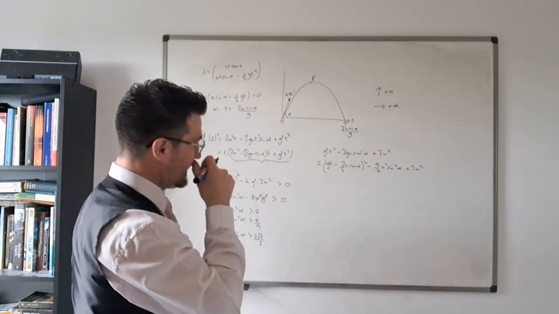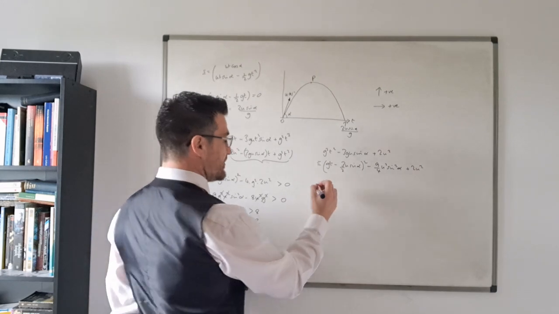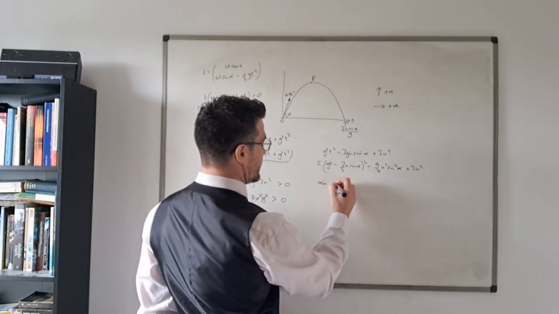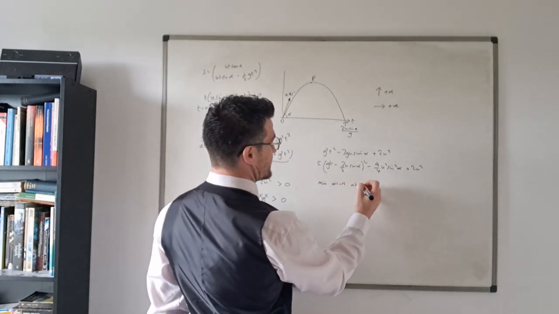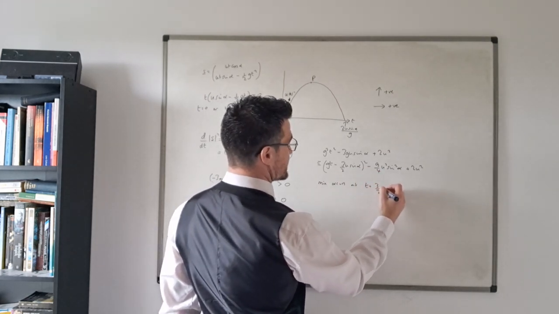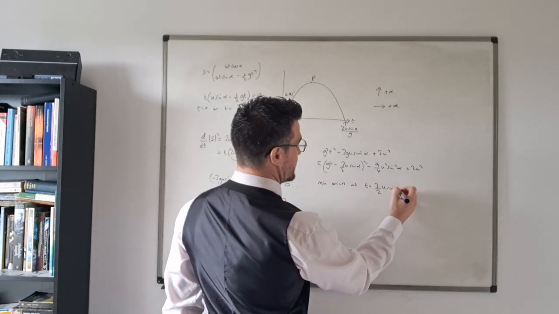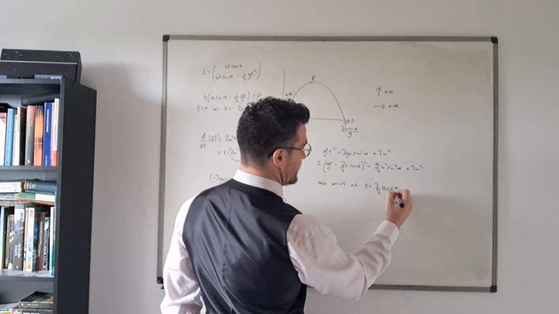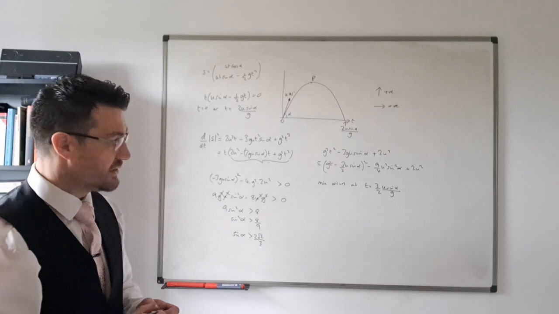I couldn't even write identically equal to. So the minimum occurs at t equals 3 halves u sine alpha over g. Don't forget about the g here.